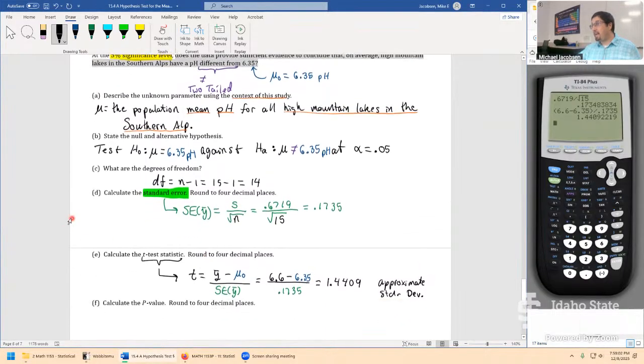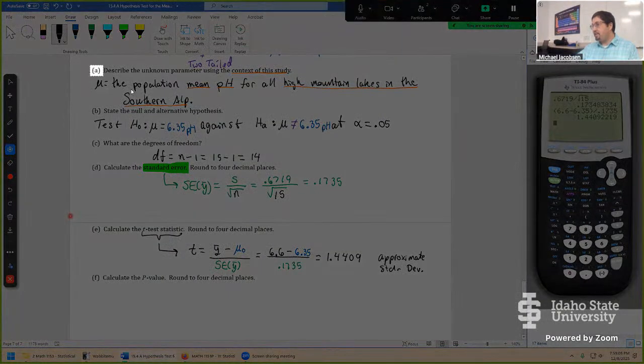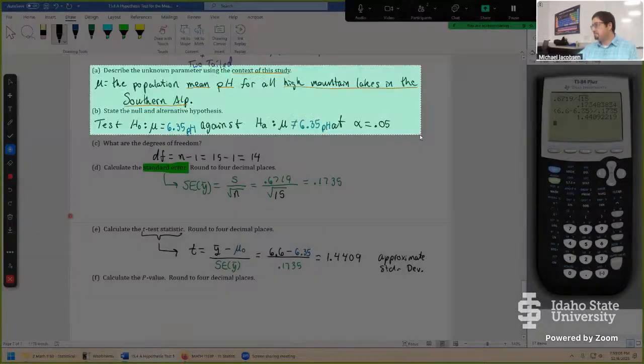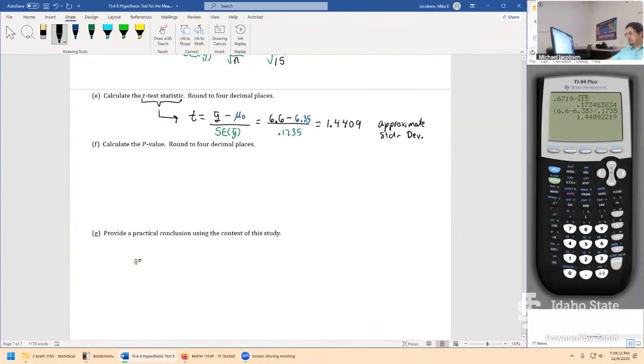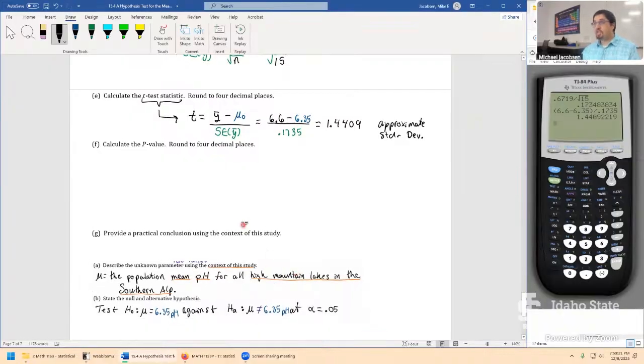Here's where we start going back to what the test was in the very first place. So I'm going to take a screenshot of both parts A and B. Let's put it down here for a quick reference. To get the p-value out, first thing we do is just draw a really fast curve. Here's the t distribution curve.